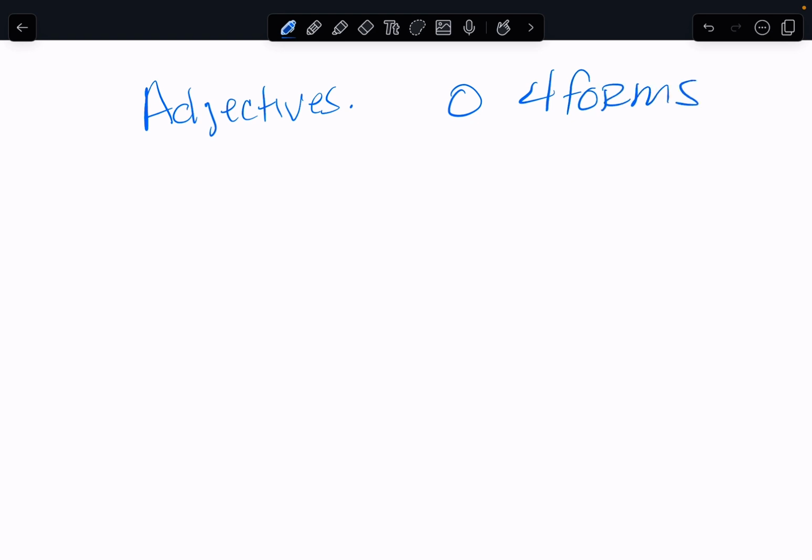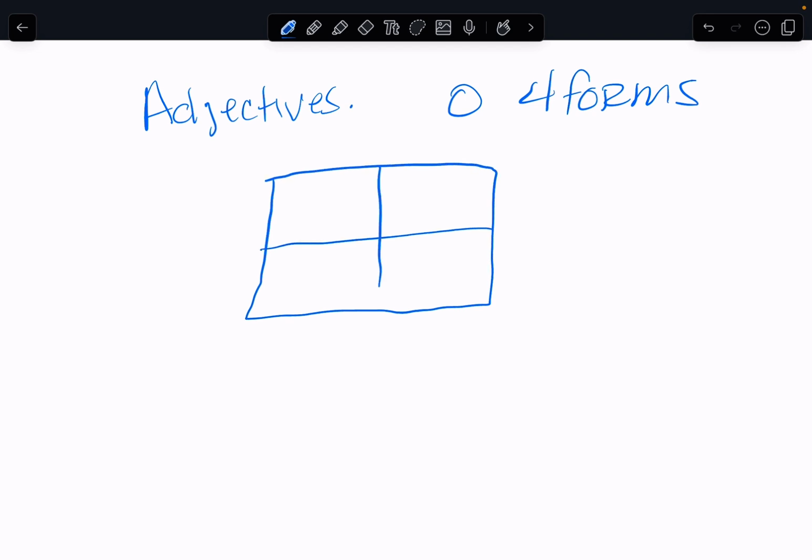So, you can consider it one of our charts. So it's masculine, feminine, singular, and plural. So you have o, a, os, as. So this is all depending on what you're talking about.